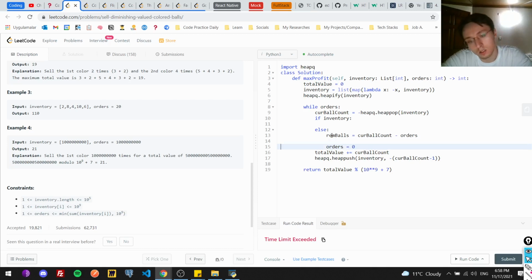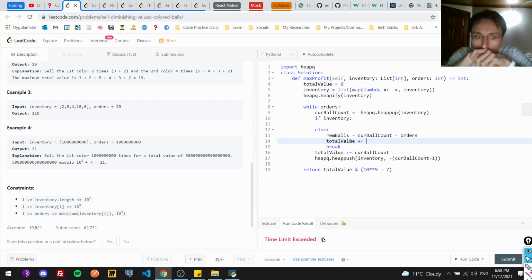here I'll just break here. But just before that, I have to change my total value to this. Remaining balls that I have to take will be 0 at this point.